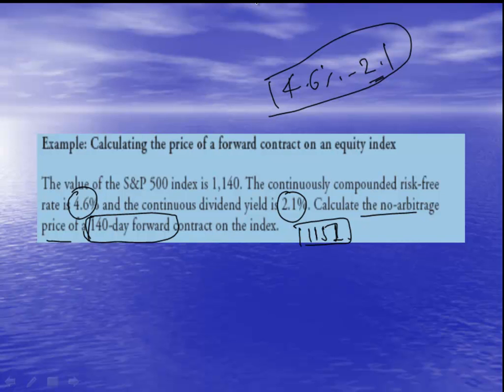See, the best way to remember this is it is e raised to RT. So you first have to calculate RT, okay? But this R is in percentage, and then you have to multiply it with the time period. What we did here, 4.6 minus 2.1, then we said percentage. Then we multiplied with the time period, and then we simply said second e raised to x.